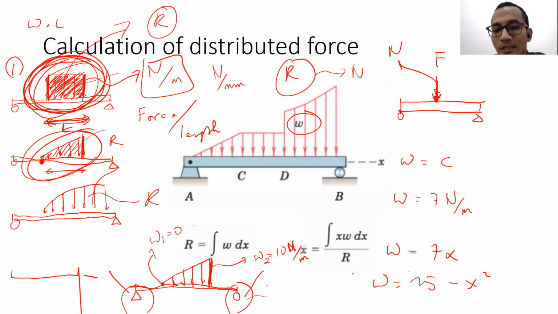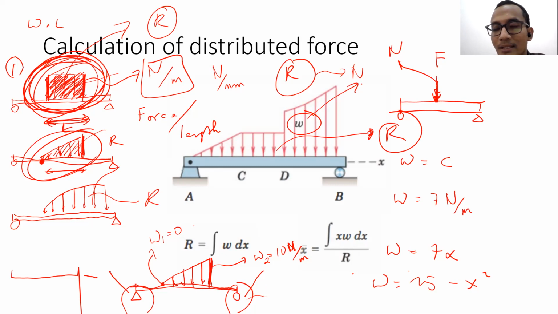So we have to consider the distributed force there. But before that, you have to know how to find out the resultant force caused by the distributed force. When you have a distributed force like this, the first thing you're supposed to do is to find out the resultant force, because distributed force is just force per unit length.